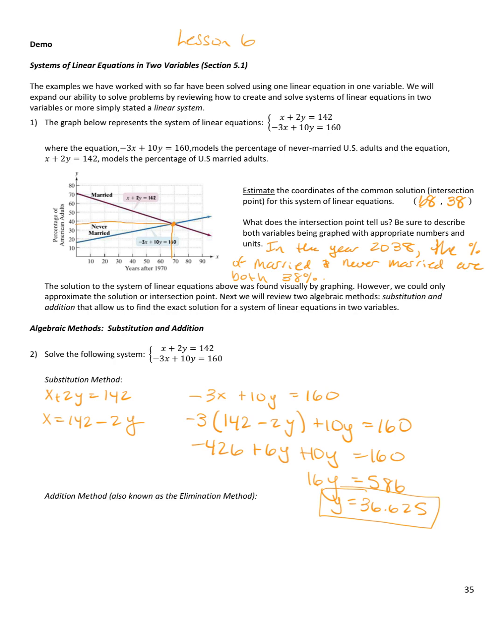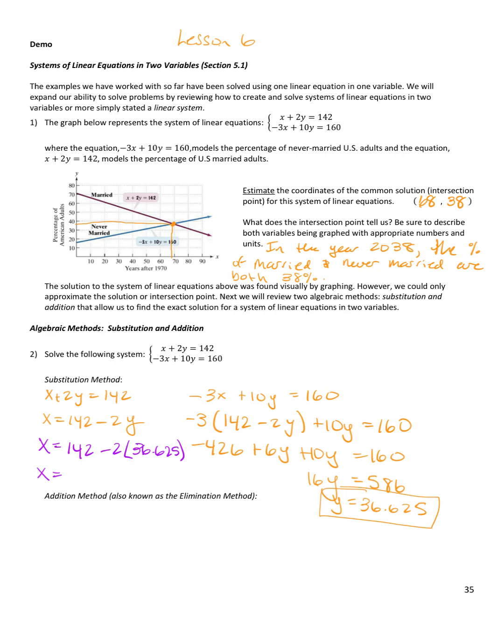And then if I want the x, if I want to know what year it is, we estimated that was about 68. Let's see what x is if I go back and plug in the y. So I have x equals 142 minus 2 times the y, which is 36.625.